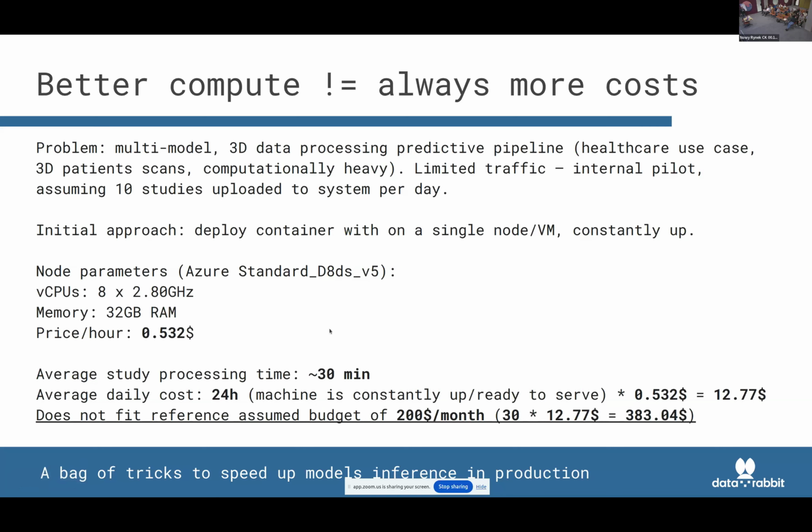Average study processing time for this pipeline, as mentioned, was quite heavy, it took 30 minutes. If we compute the average daily cost, we simply multiply 24 hours by the hourly rate of the machine. We have something like $13 per day. That does not fit our assigned budget of 200, and by quite a lot.